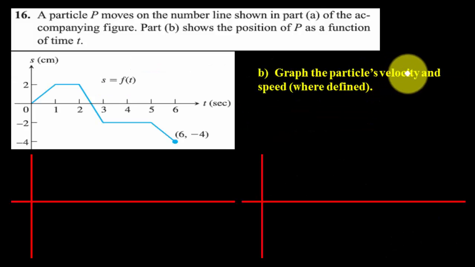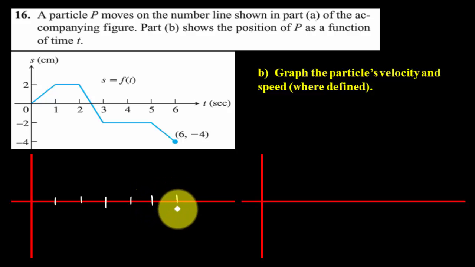Graph the particle's velocity and speed where it's defined. Okay, so what I will do is go ahead and mark this out from 1, 2, 3, 4, 5, 6. That's your time, t. And now this is the graph of the velocity. For every interval where this particle is moving, we just take the slope of the path of the distance traveled.